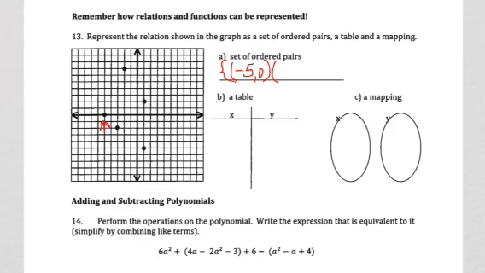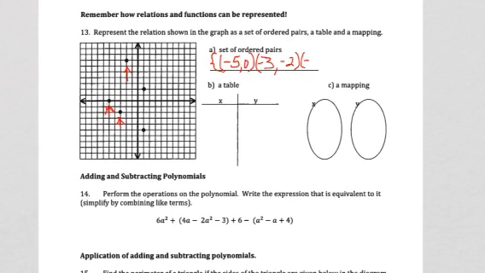Our next ordered pair is -3 on the X, and -2 on the Y. Our next ordered pair in the progression is -2 on the X, and +7 on the Y. On these, it really doesn't make any difference which one you do first.